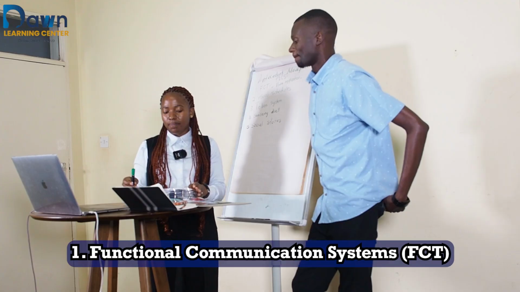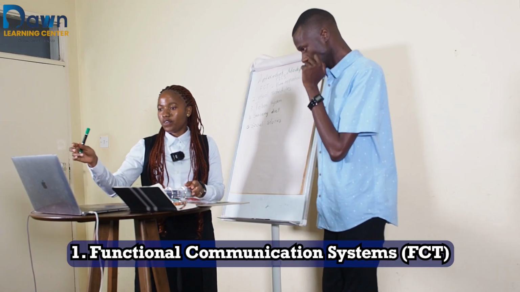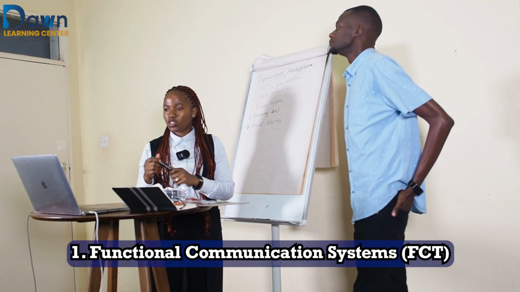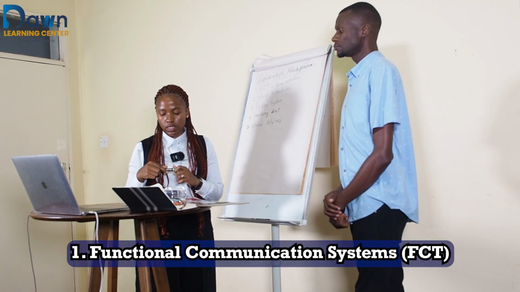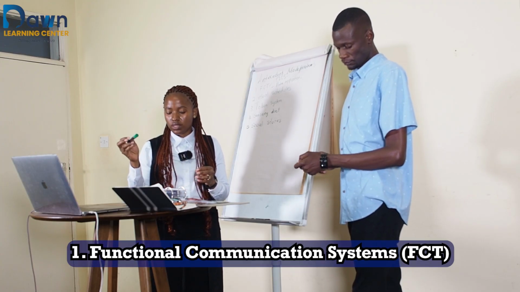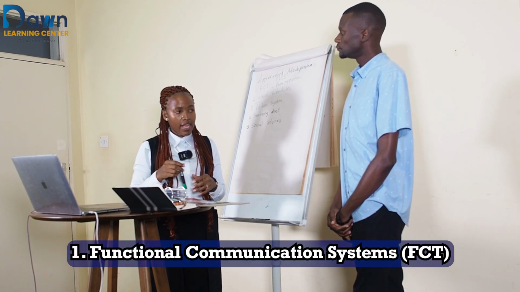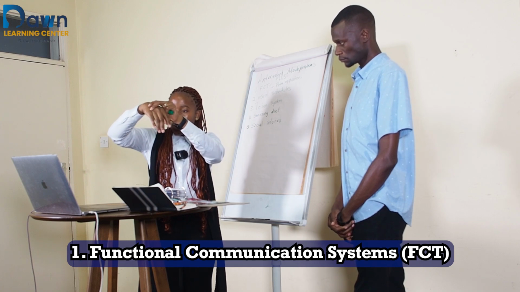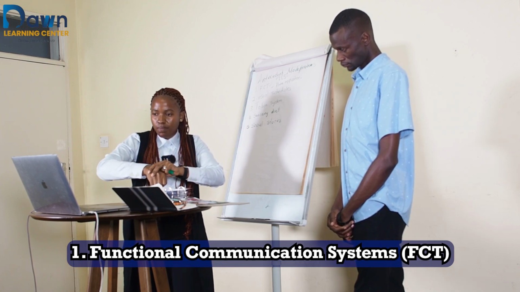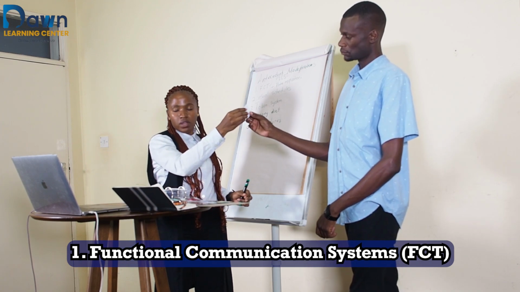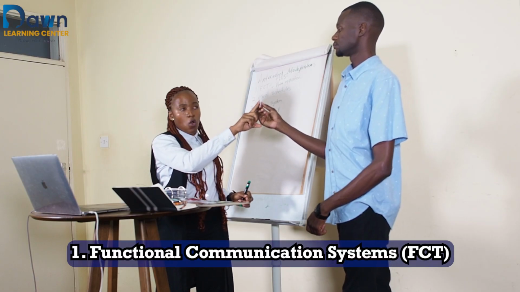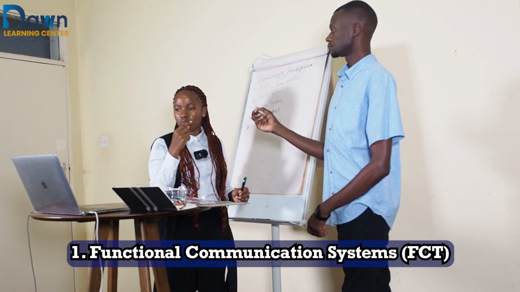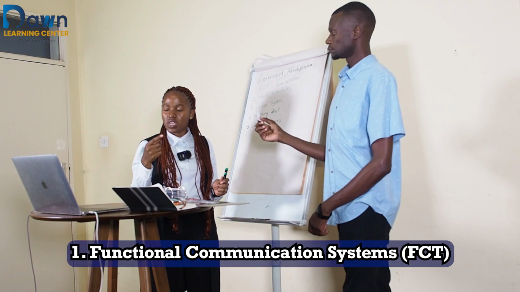So what happened here is that at first the parent had to give me a prompt. I didn't know how to use the pictures, so they had to physically hold my hand, take the picture, and then I gave it to the parent, and then I had to point. And remember the parent was also saying green.